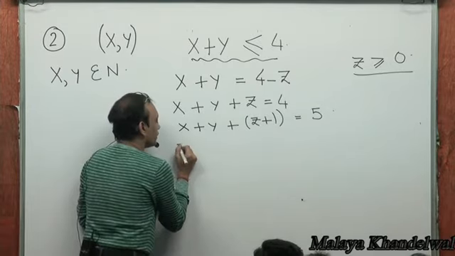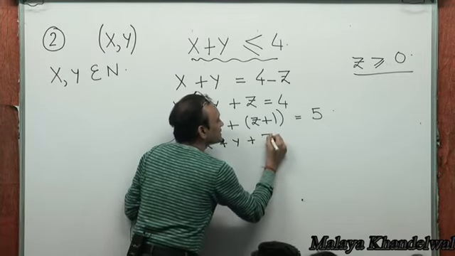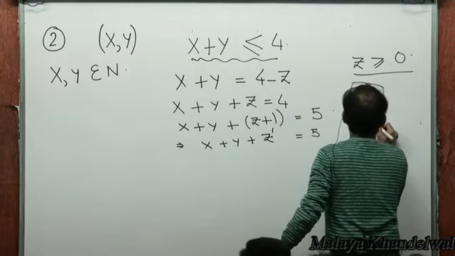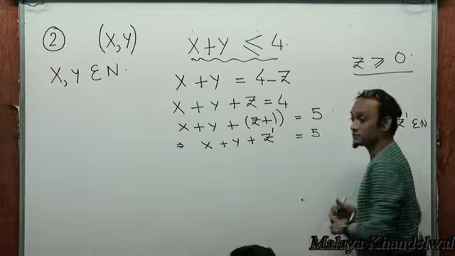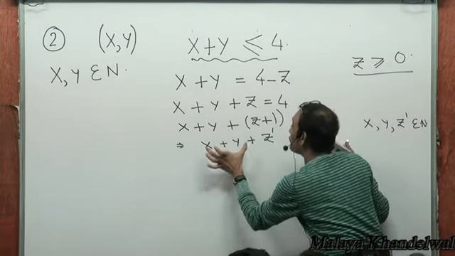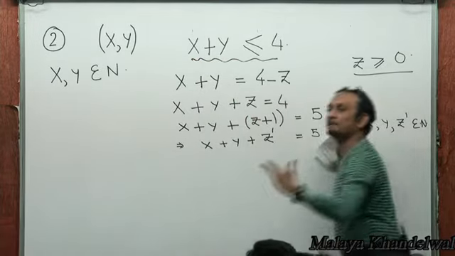Now, I can write this as x plus y plus, say, z prime equal to 5, where now x, y and z prime are all natural numbers. So the number of natural number solutions to this equation will give me the number of ordered pairs x comma y that satisfy this inequality.